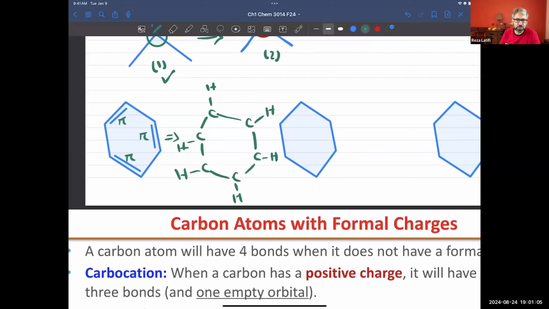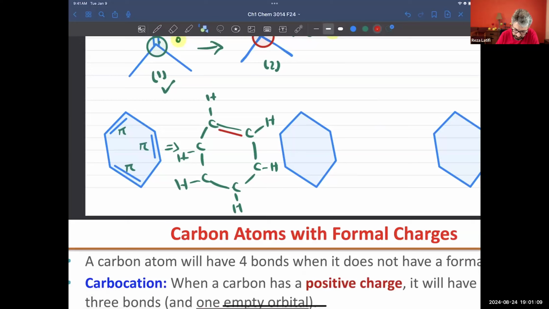Now in order to make it octeted, I'm going to put a double bond here, the next double bond there, and the third double bond here.